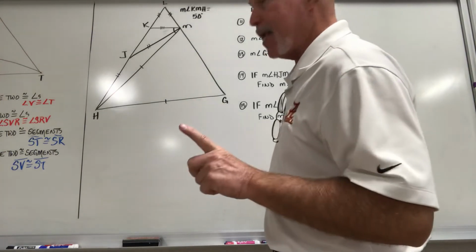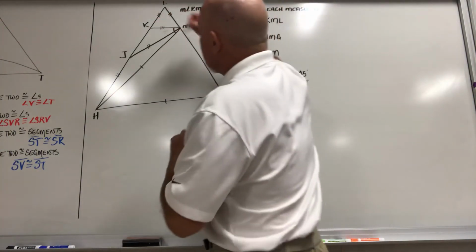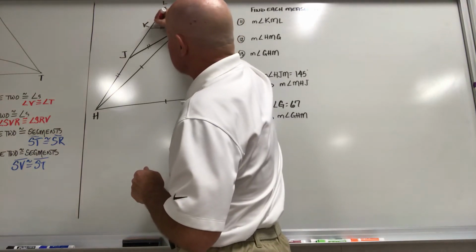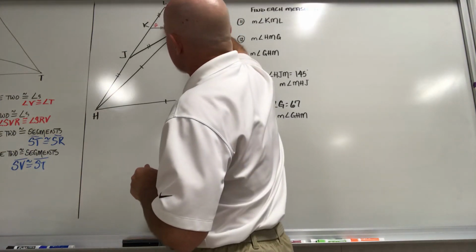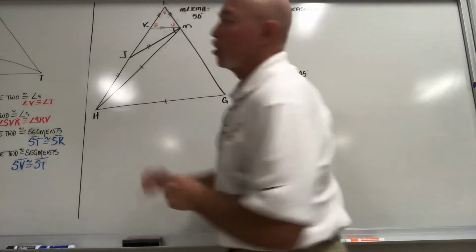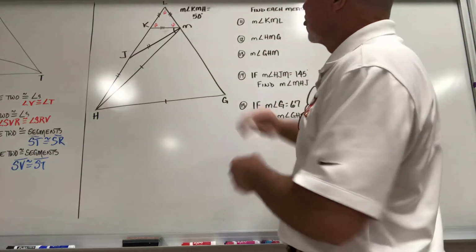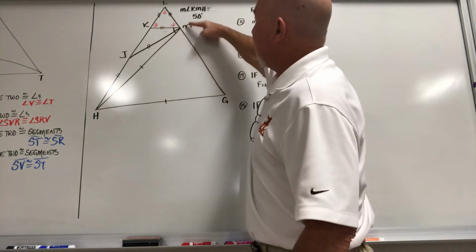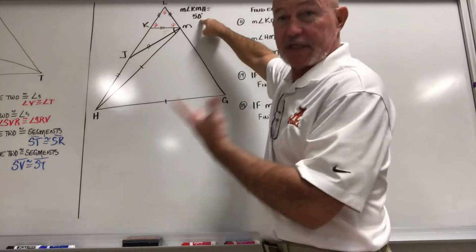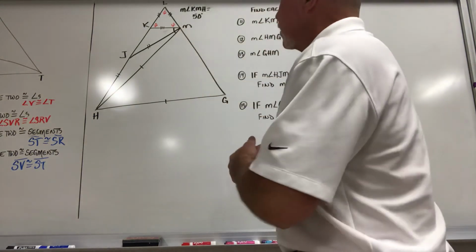That tells me right now that is an equilateral triangle. So each of these angles are 60 degrees. Okay, that'll be important. We know that KMH is 50 degrees. This is a part of our given information. I just couldn't write it inside the drawing.